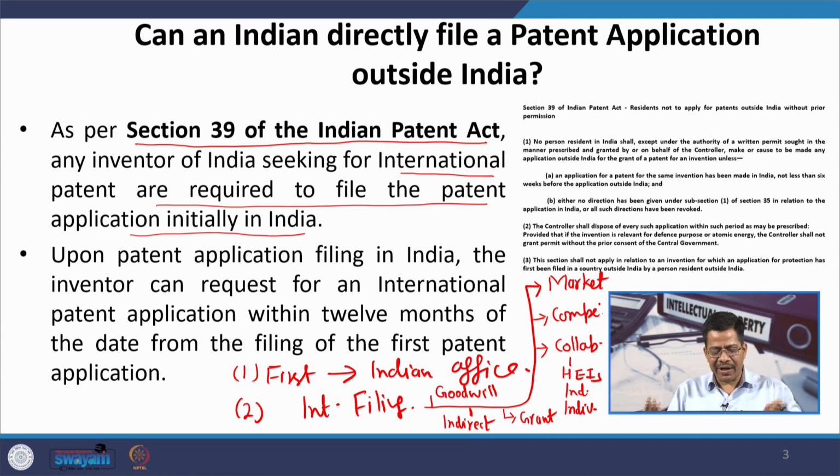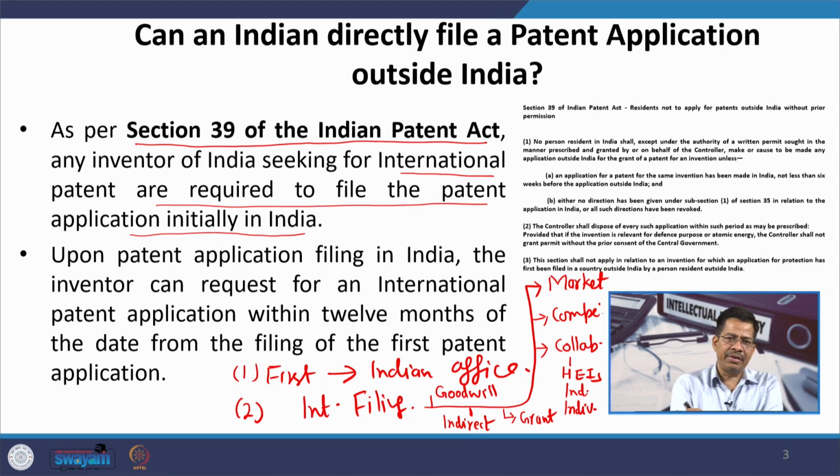For the sake of foreign filing, doing foreign filing is not advisable, because now we are seeing purely from an ROI point of view, return on investment. When we are going for foreign filing, I already told you it is a huge cost. So, whether we are going to get proportionate returns on that cost, then it is advisable. Just for the sake of having it, not advisable.